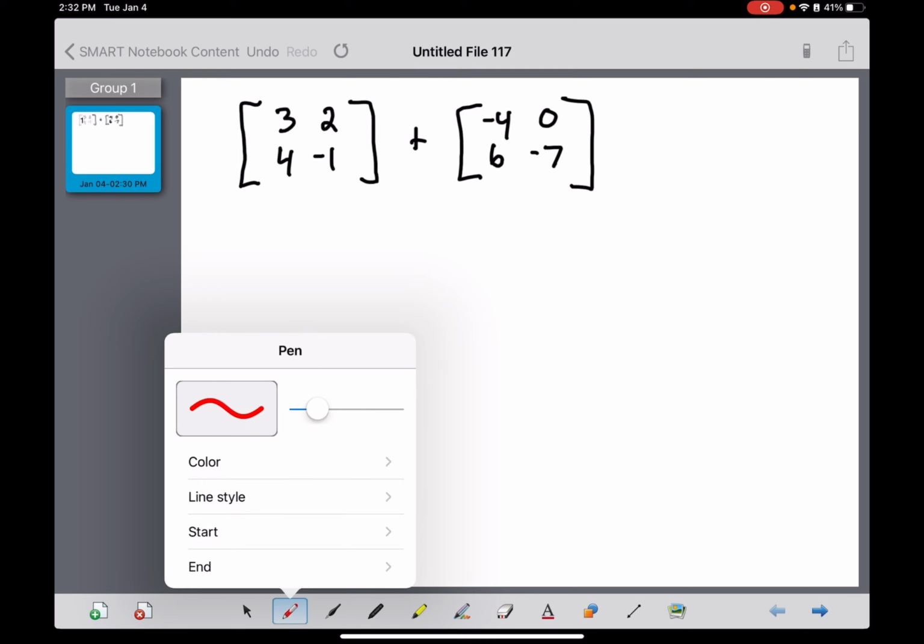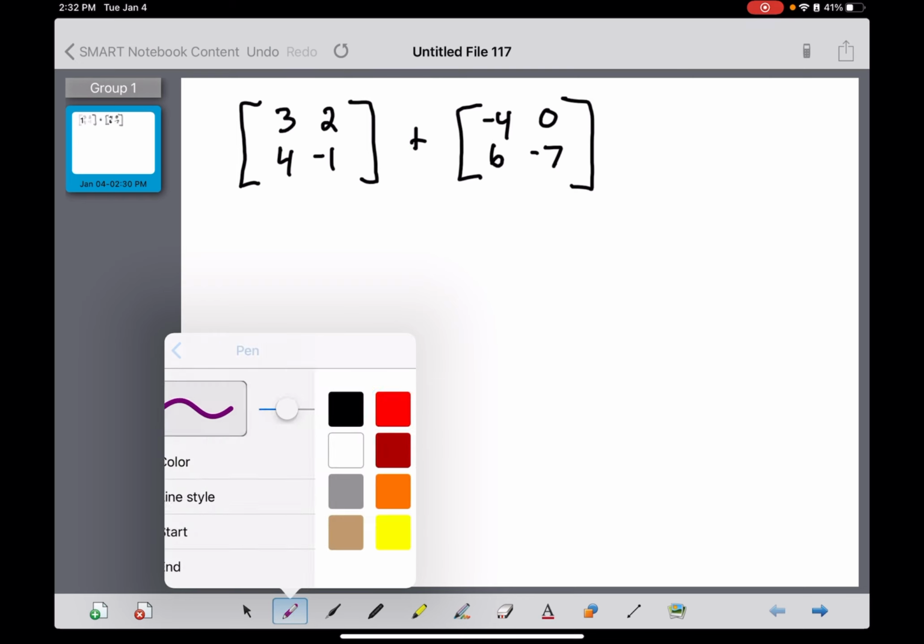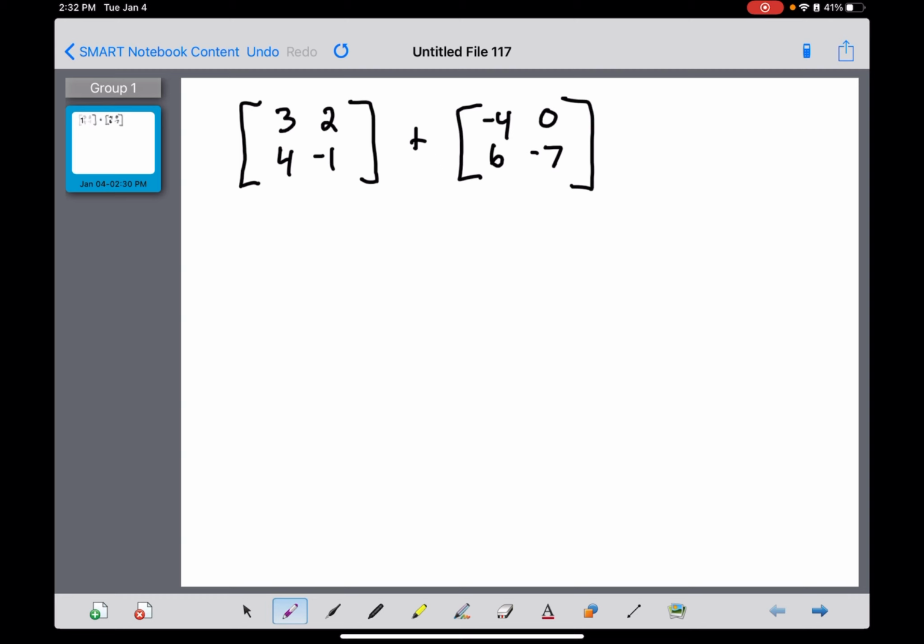The dimensions are the number of rows by the number of columns. In this case, it's a 2 by 2 and a 2 by 2, 2 rows and 2 columns. Because both were 2 by 2, we said yes, you could do this, and your resulting matrix was going to be a 2 by 2 as well.